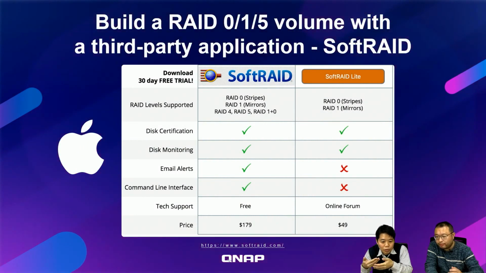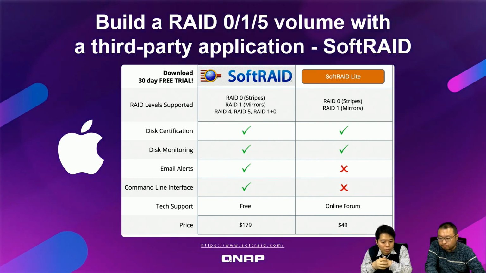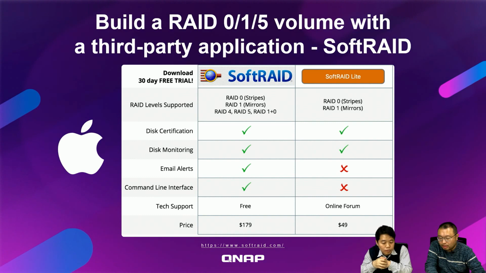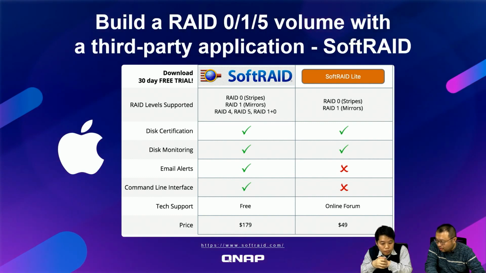You can purchase it from the App Store, where you can find a lot of software RAID applications. By using a software RAID utility, you can create a software RAID on macOS for more data protection.